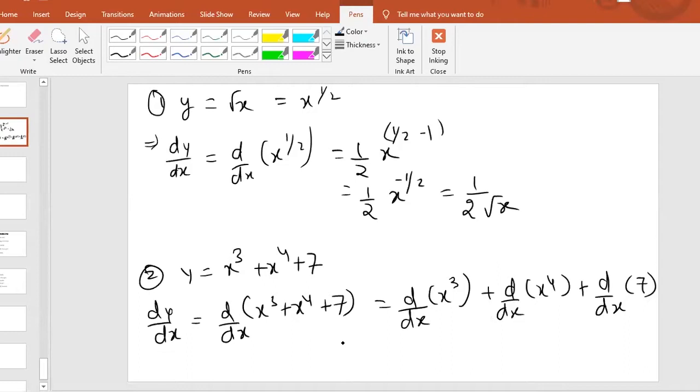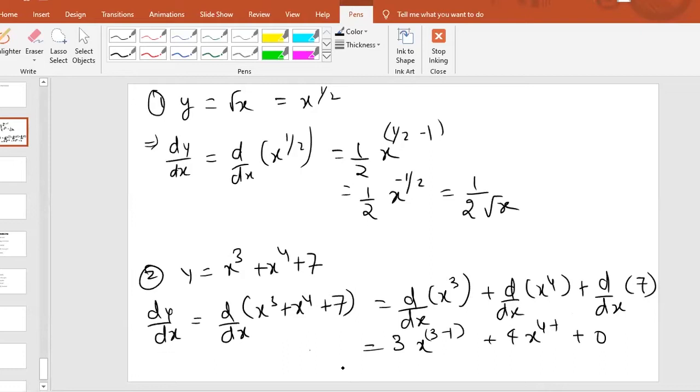Okay, fine. Now, what is the differentiation of x cube? That would be equal to 3 x power 3 minus 1. Plus 4 into x power 4 minus 1 plus 0. Why 0? Because it is a constant here.